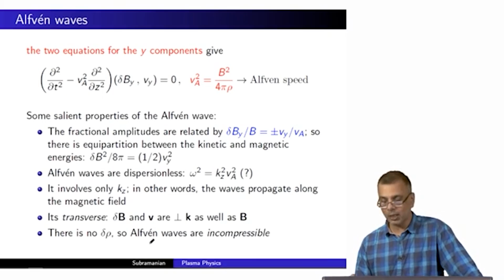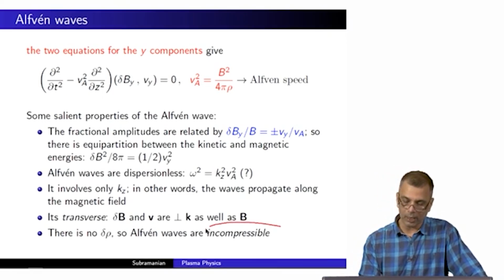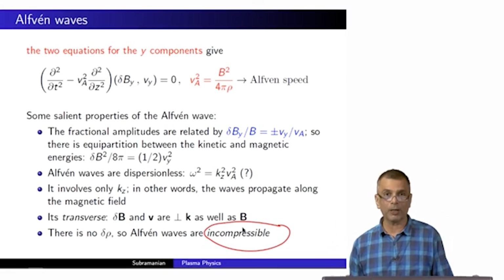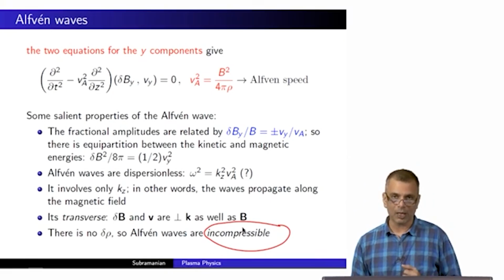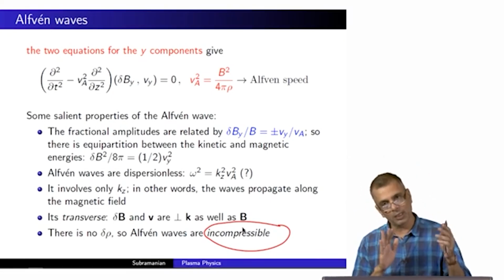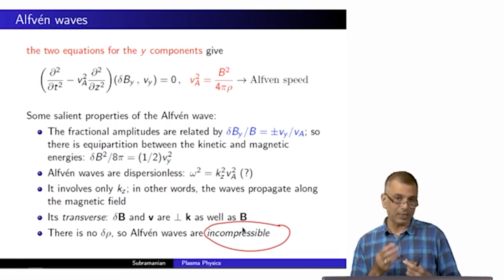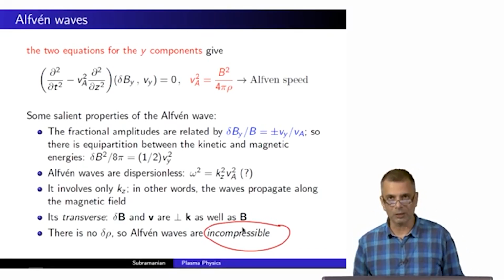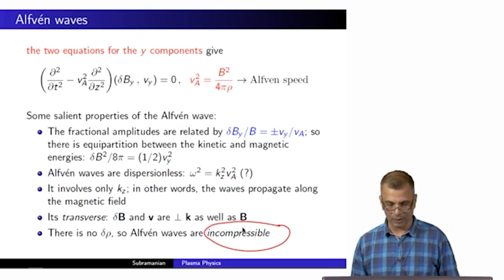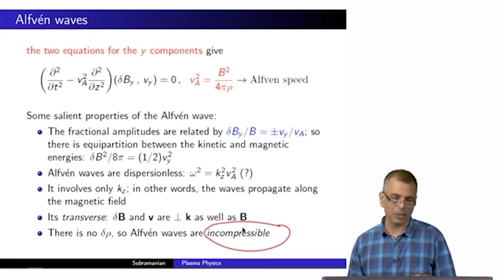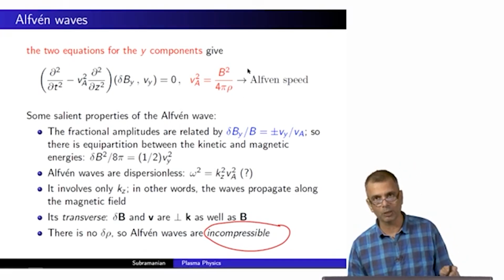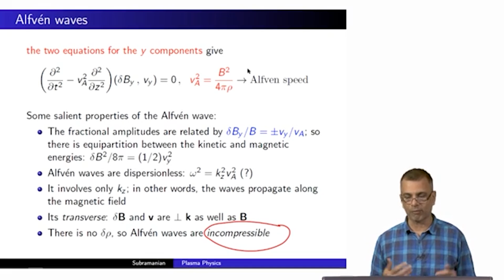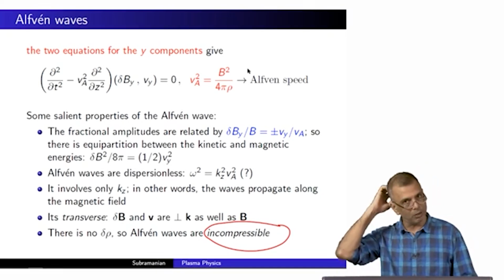Therefore, Alfvén waves are incompressible, a very important point, and this is an important point of distinction with the sound waves. Sound waves are compressible, that is the whole point of sound waves. Sound waves involve compressions in density as well as delta rho and delta p. Here, neither delta rho nor delta p makes an appearance. So, Alfvén waves are incompressible. Okay. So, although the expressions for the Alfvén speed and the sound speed look similar, there are several points of difference between the sound speed and the Alfvén speed, and these are important to note.